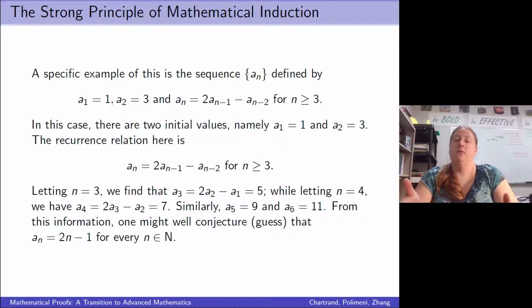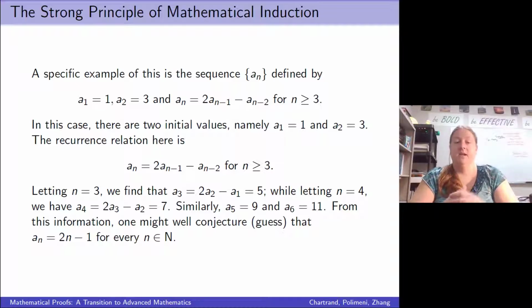So if I let n equal 3, then I'll have 2 times a sub 3 minus 1, or a sub 2, minus a sub 3 minus 2, or a sub 1. So I'll have a sub 3 equals 2 times a sub 2 minus a sub 1. And I know values for a sub 2 and a sub 1 that I can substitute in there. So I'll have 2 times 3 minus 1. And I get a sub 3 equals 5. So then I can bump up and I can say, well, what if n is 4?